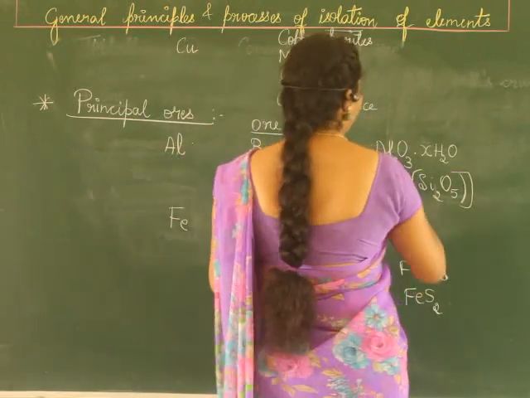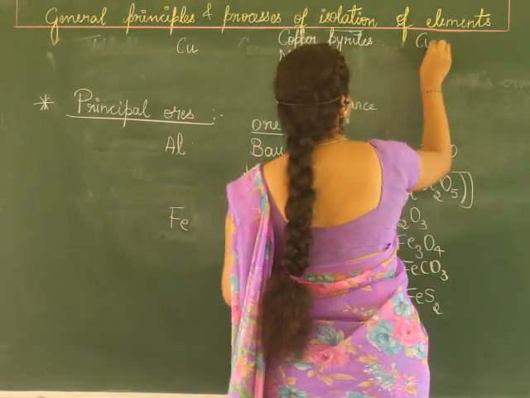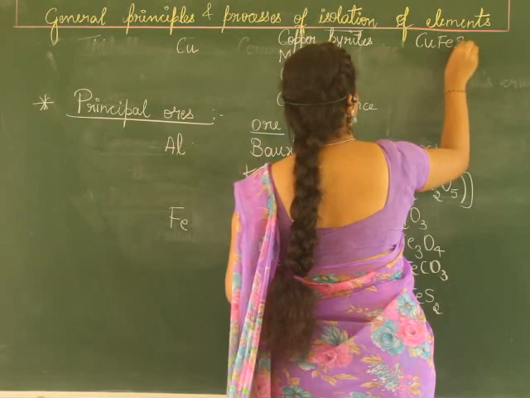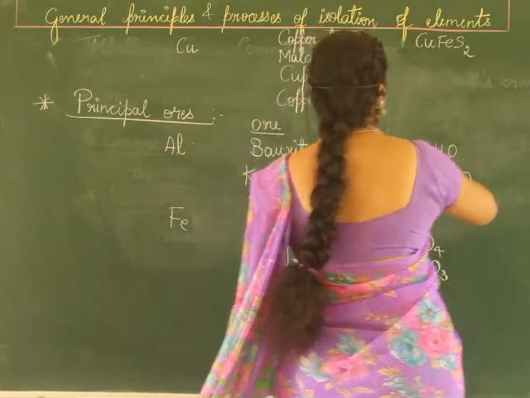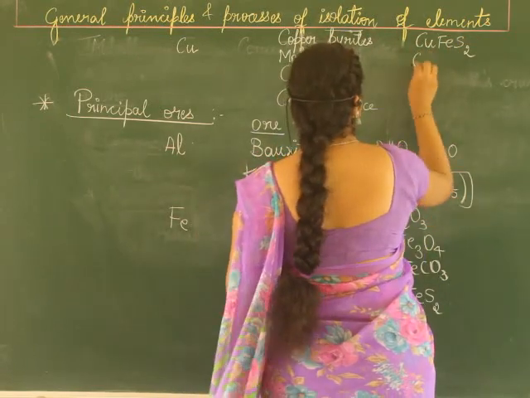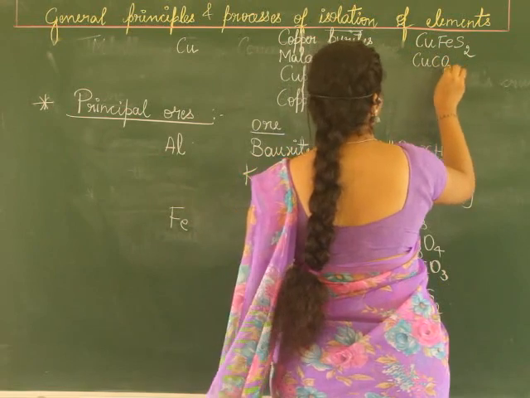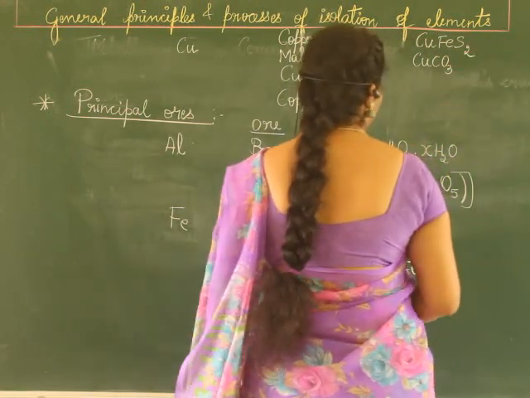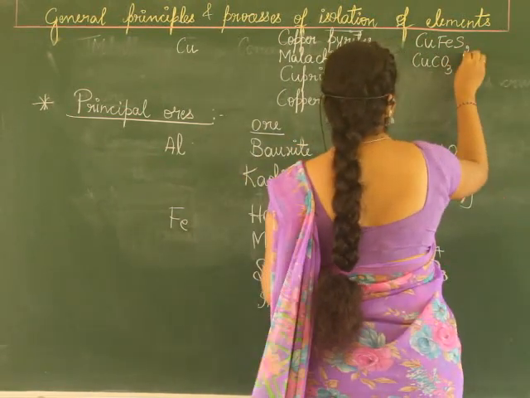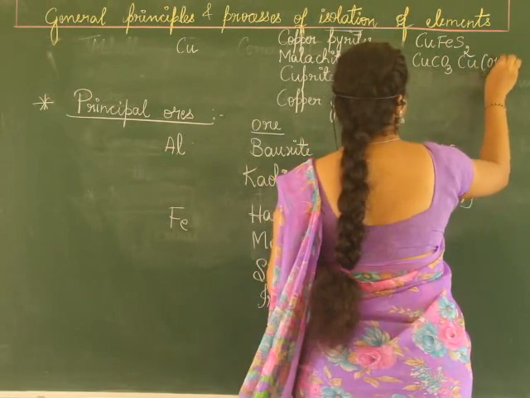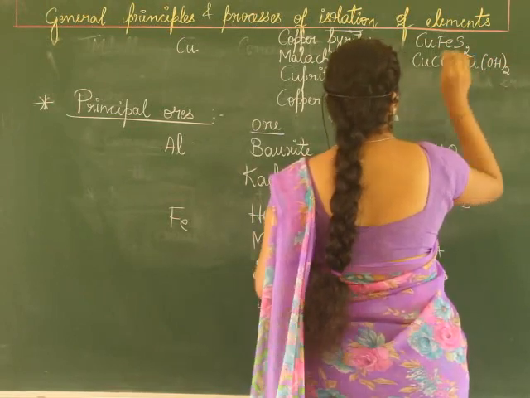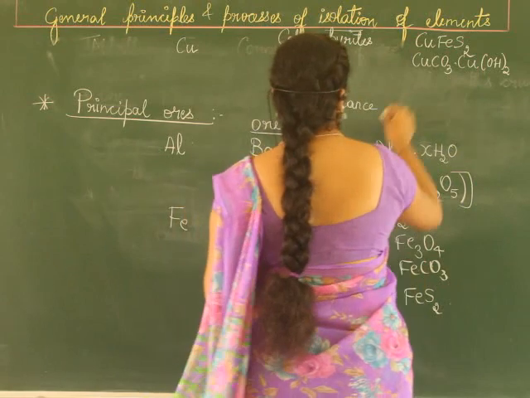So copper pyrite is CuFeS2. Malachite is CuCO3.Cu(OH)2.